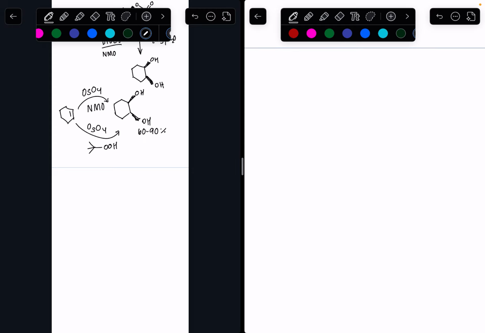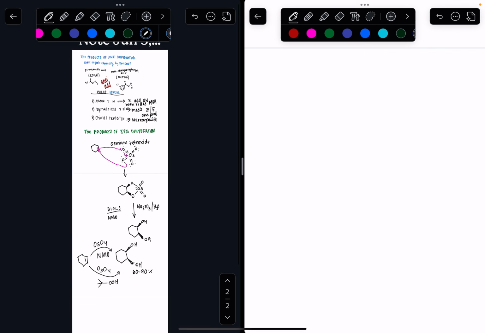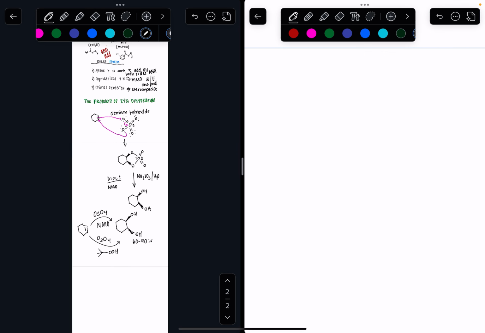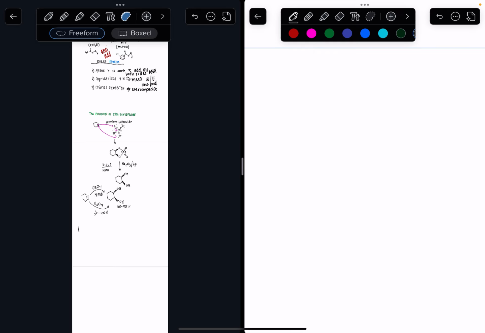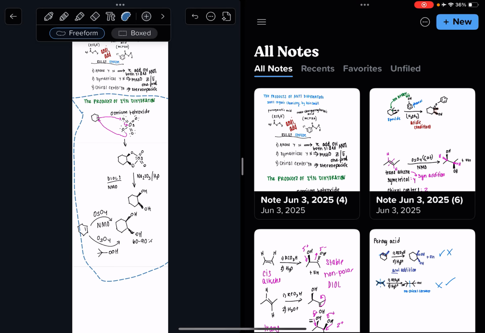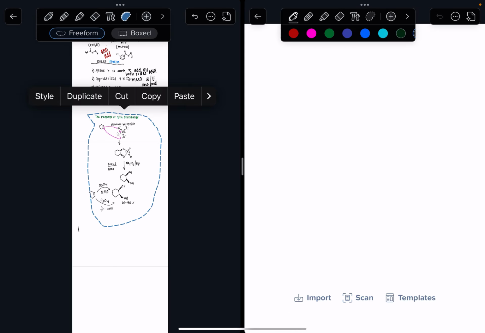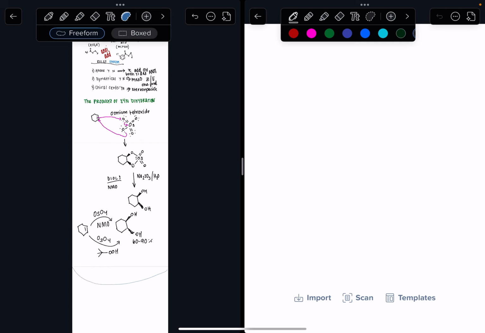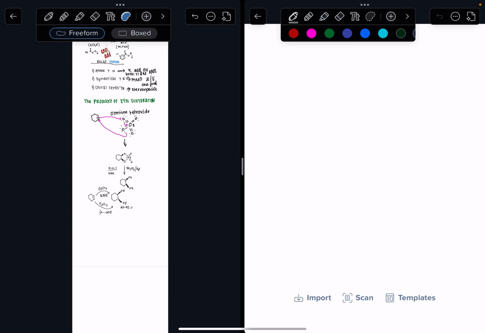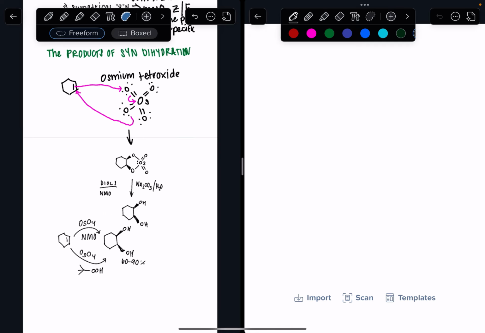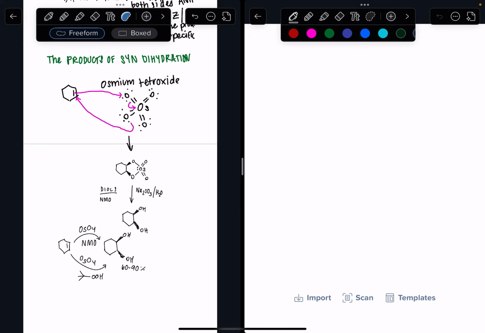So now let's compare this mechanism across the board. Okay, so I'm looking at how this reaction worked.